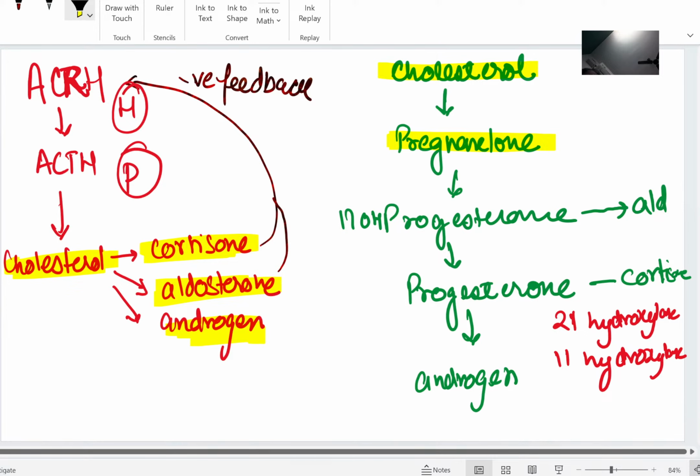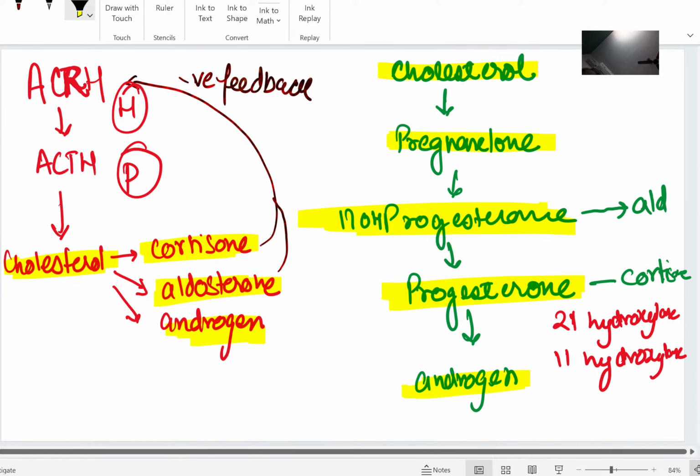Pregnenolone. Now, this pregnenolone is converted into 17-hydroxyprogesterone, and further progesterone, and then at the last androgens. The 17-hydroxyprogesterone is converted into aldosterone.